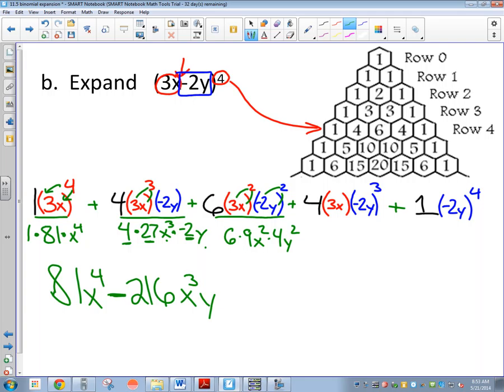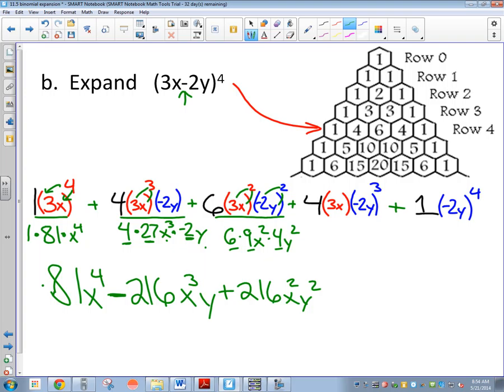So in between my two chunks, plus sign or a minus sign? Plus. There aren't any minuses anymore, so it's plus. Remember when I said if you have a minus sign in the beginning, they alternate back and forth. We had a minus sign. Look at my signs. They went plus, minus, plus, and they'll keep going from there. 6 times 9 times 4 is 216 again. Yeah, 216 x squared y squared.